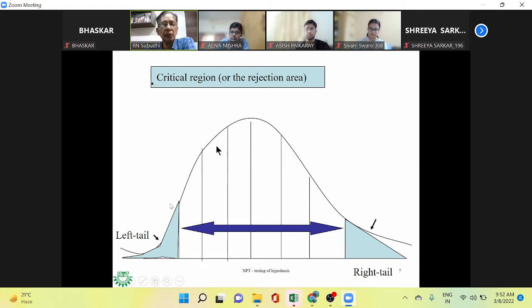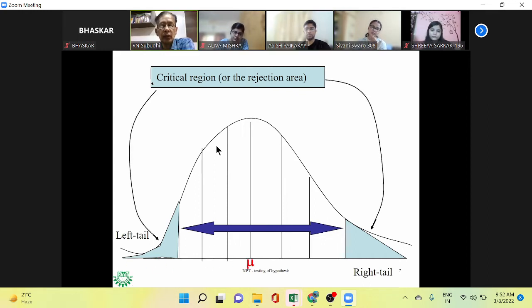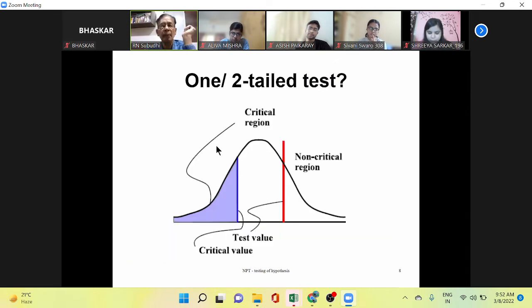This is the lower limit of our tolerance. If the calculated value comes within the white area, what should be our decision? We should accept. The other two are the critical region. This we accept. This is the fundamental concept you should all remember. And I hope you have not forgotten the concept of one-tail and two-tail tests.